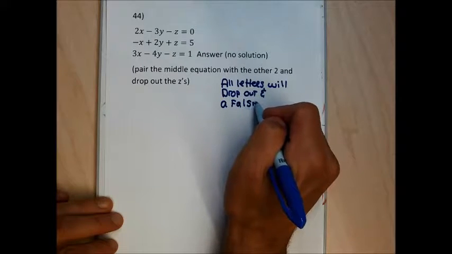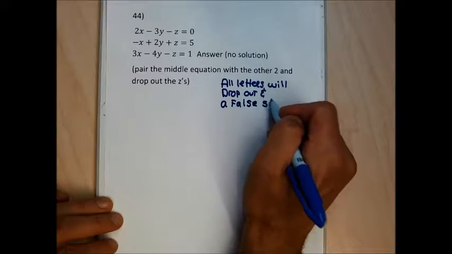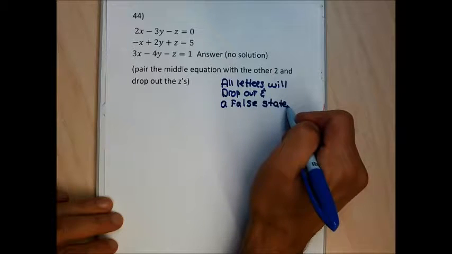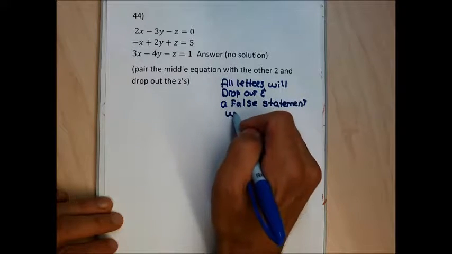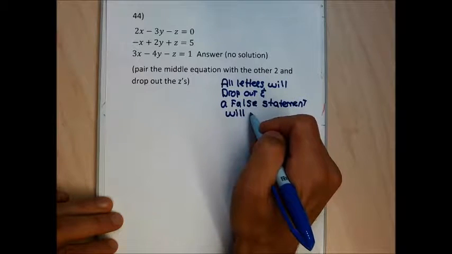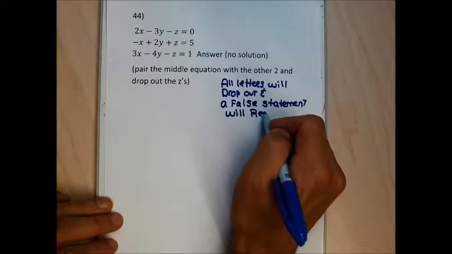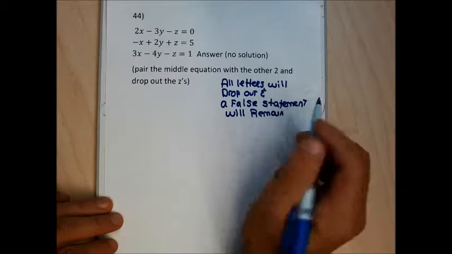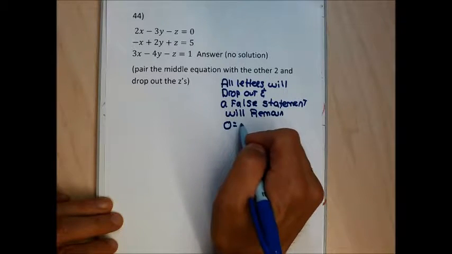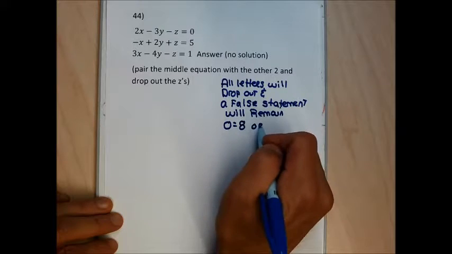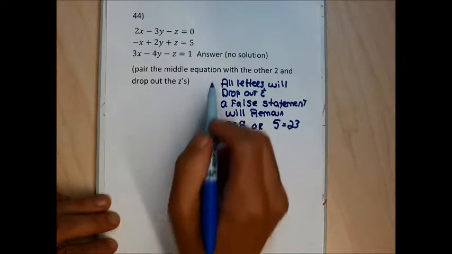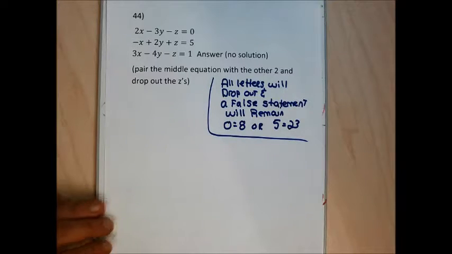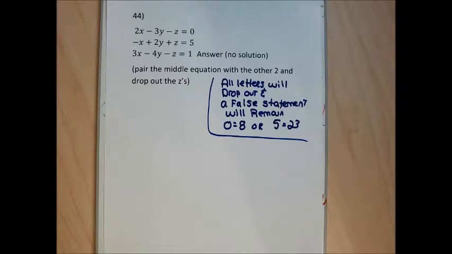Anytime we're solving these problems, if all the letters drop out, we're done doing our algebra. If a true statement remains, there's infinitely many solutions. And if a false statement remains, like 0 equal to 8 or 5 equal to 23, we're going to write no solution. So at some point, when I do my algebra, all the letters are going to drop out.